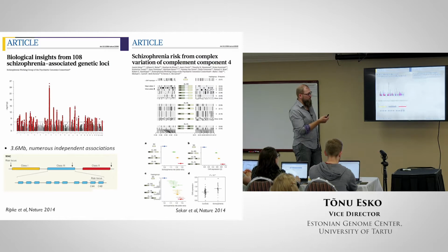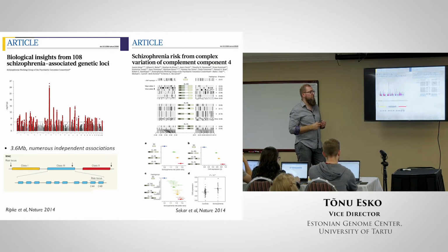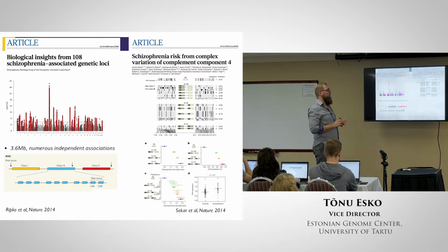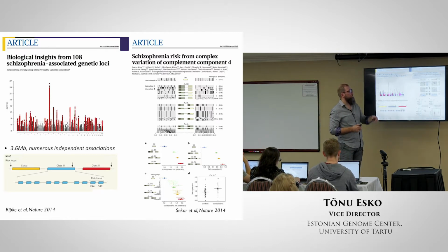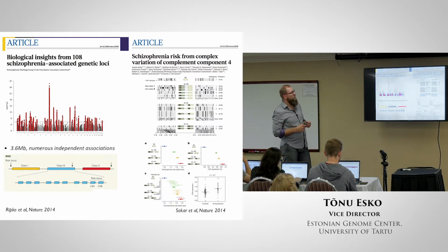And then there was an accompanying paper where they took these insights from the GWAS and figured out all the different haplotype structures within the very complex HLA region, and then they tested all the different haplotype structures in cellular models. They found out that a certain configuration or component in there, called complement component 4, is causal.